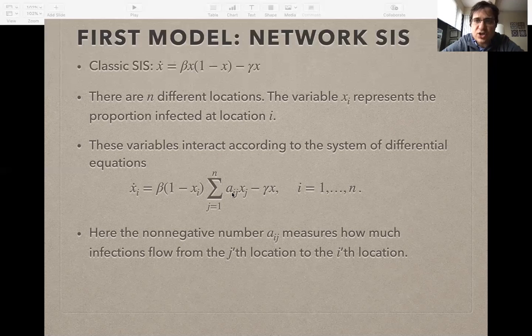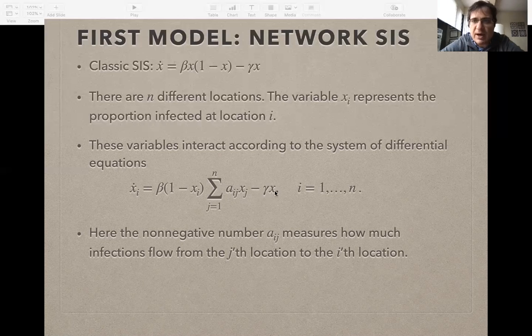And this aij represents the network, okay? So basically, some of these aij's can be 0, corresponding to no interactions between individuals at locations i and j. Maybe some of these aij's are larger than others, corresponding to the fact that neighboring nodes, for example, are going to interact more than non-neighboring nodes. And I see there's a slight typo here.